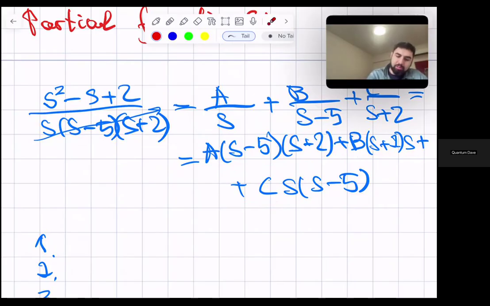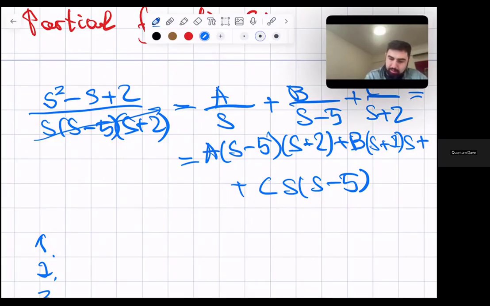So there are at least two terms such that if I put a value for which the term gets 0, I'm getting rid of 3 terms, and I'm left with just 1 term. So let me demonstrate with the s equals 0 case.